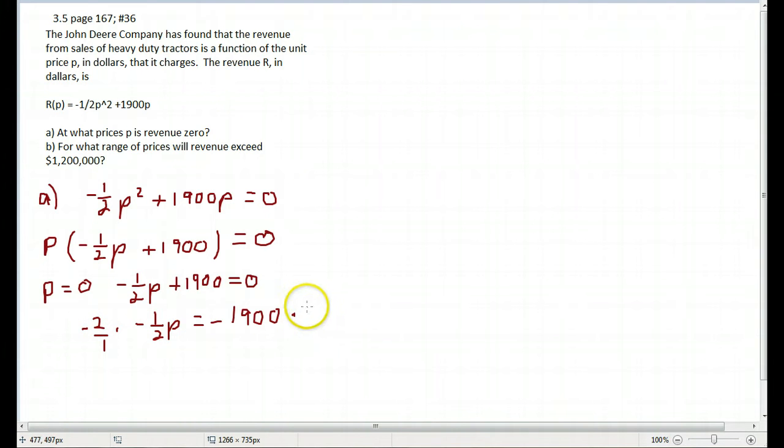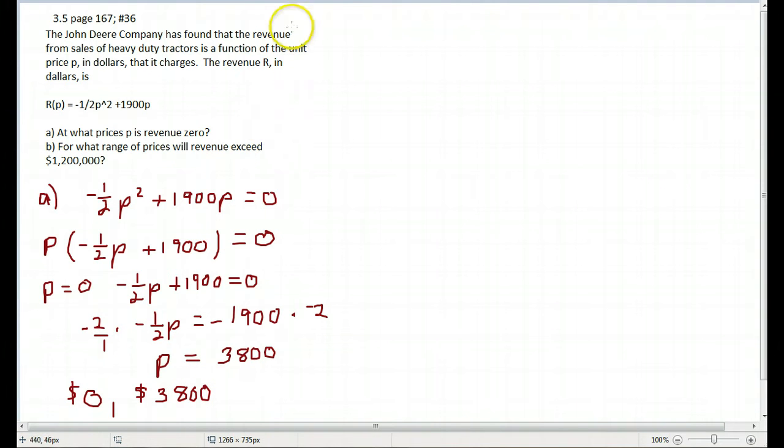So on the left we just get P equals, and on the right, 2 times negative 2 times negative 1900, we get positive 3,800. So that means that our values for P are at $0, and the other 0 is at $3,800.